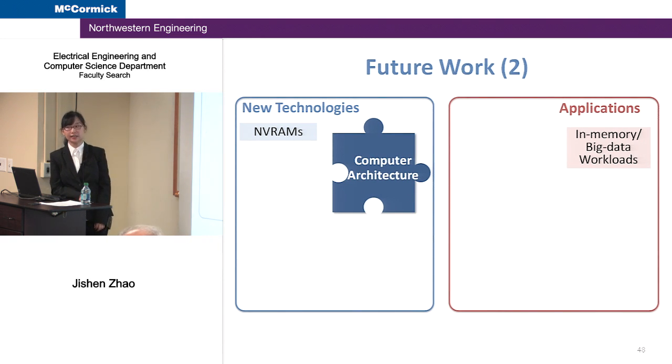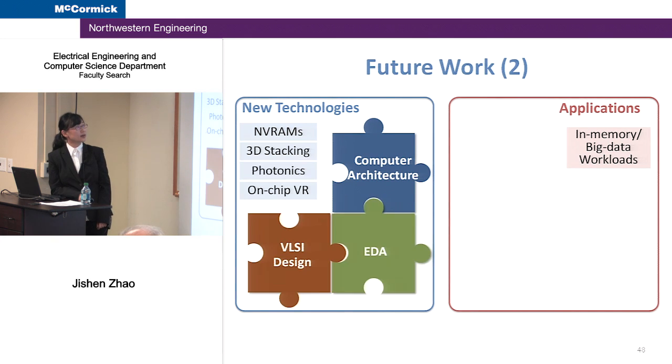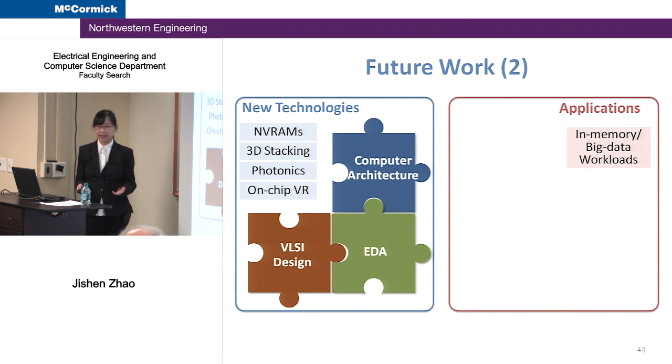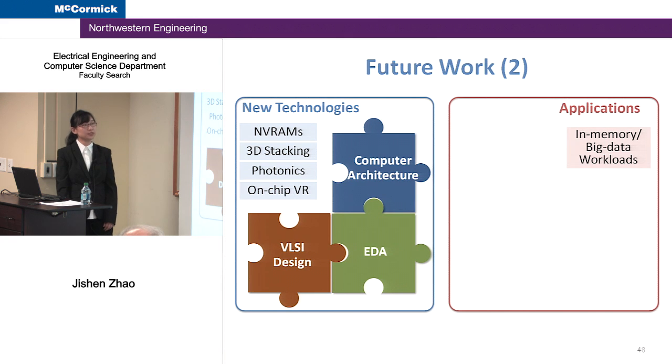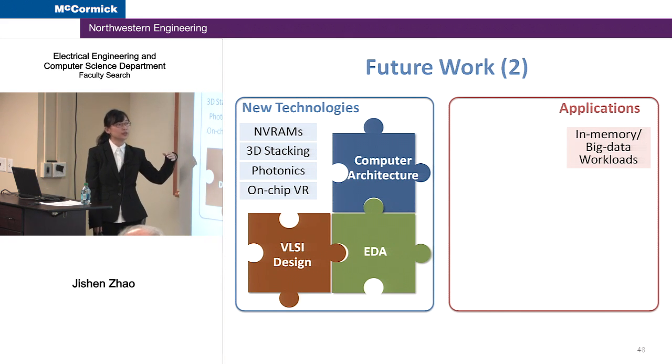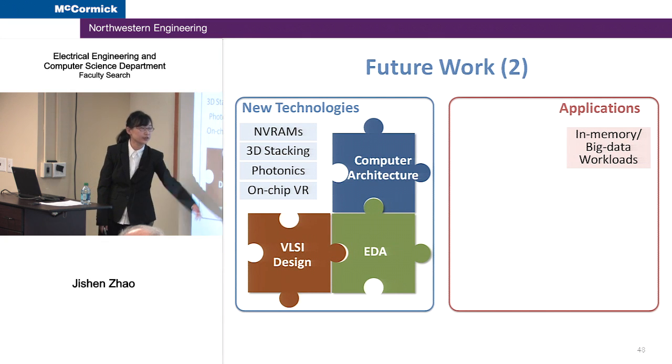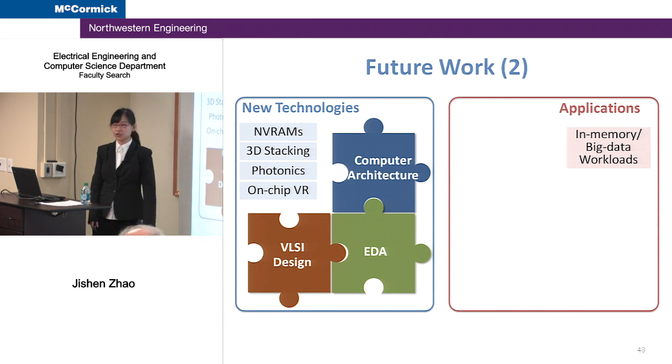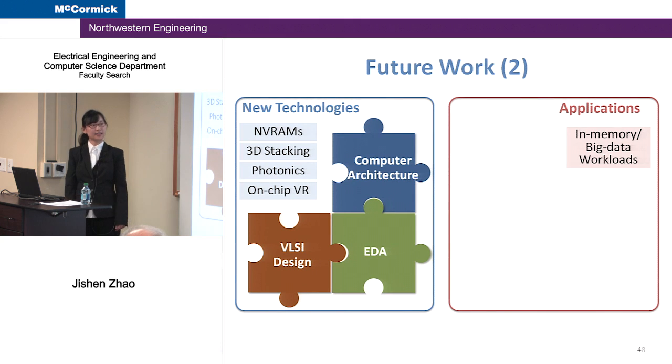NVRAMs, as we have seen, are one example. But other new technologies, some I have been working on, some I'm exploring currently, can also yield abundant challenges and opportunities in computer designs. So I would like to study their implication to the three areas I have been working on: computer architecture, electronic design automation, and VLSI design.